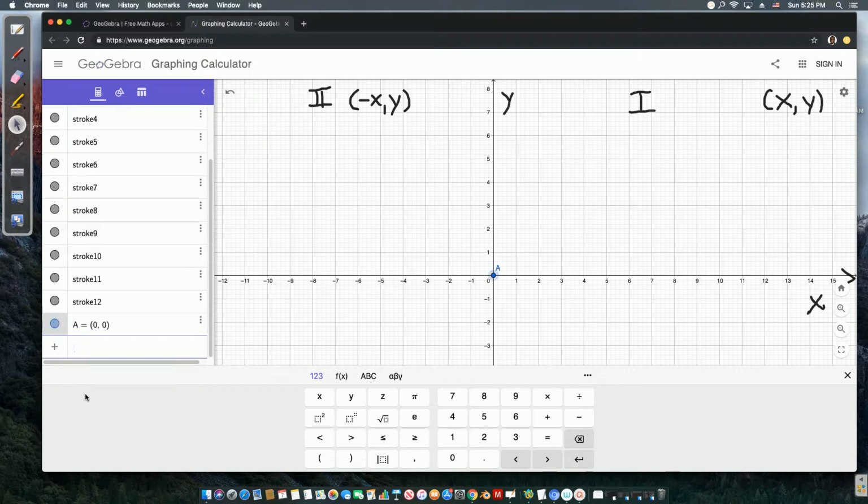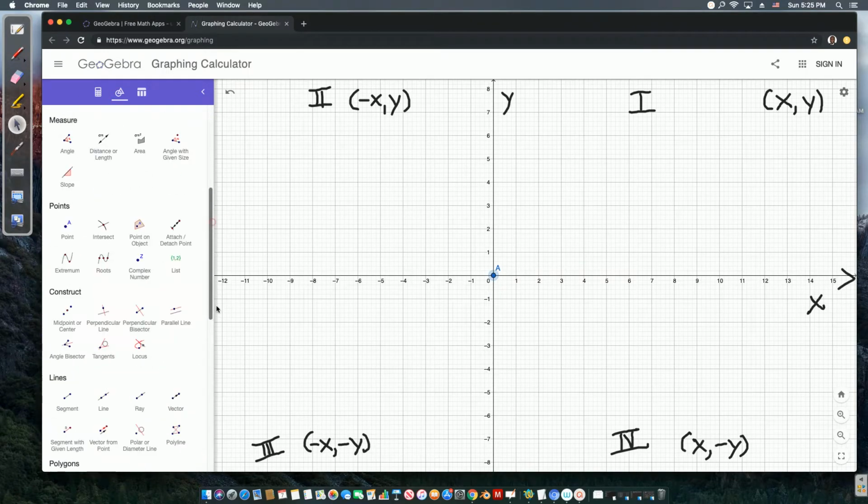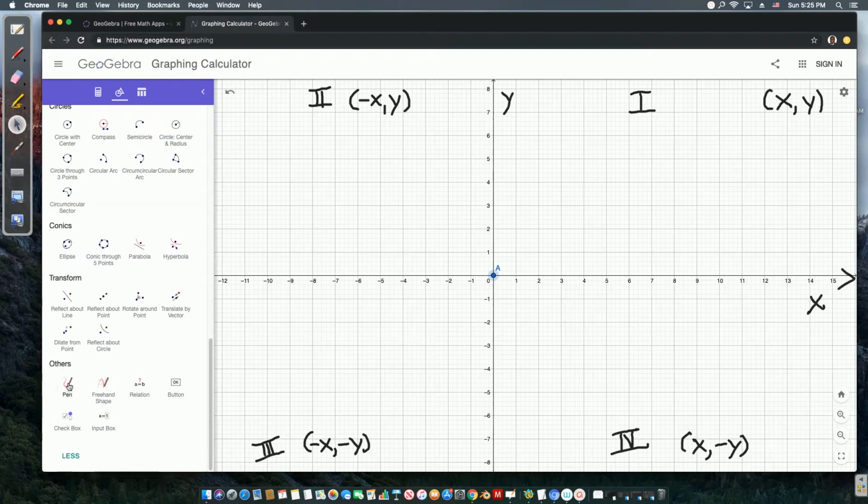When we plot a point, it's two coordinate values, so we have the x and we have a y. In this case, for the origin, it's 0, 0.